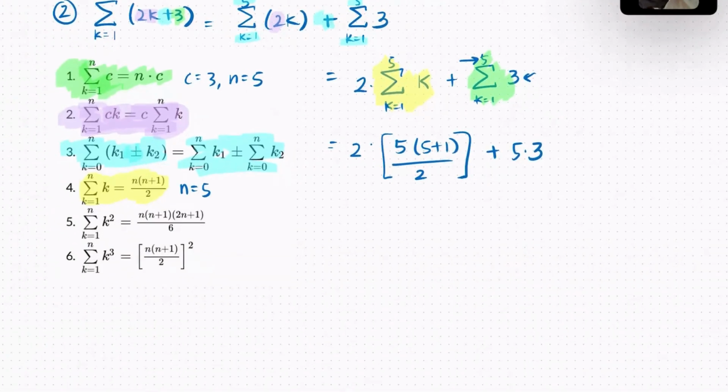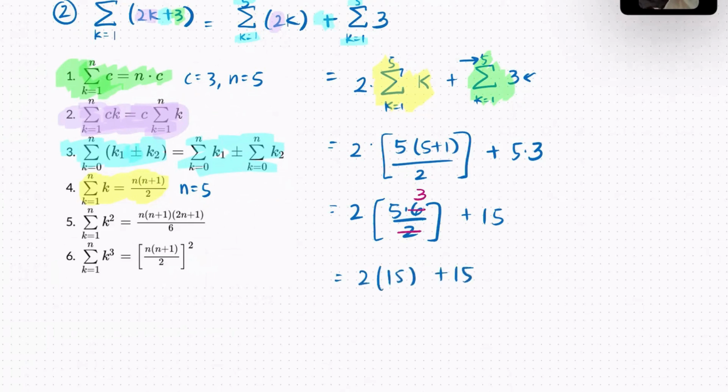I know because I'm dragging out the explanation, this may not actually feel faster. I promise it is once you get the hang of it and you can move through it. So this becomes 2 times 5 times 6 over 2, plus 15. I'm actually going to cancel, so that 2 and that 6 becomes a 3. So this is 2 times 15 plus 15, which is 30 plus 15, which is 45.